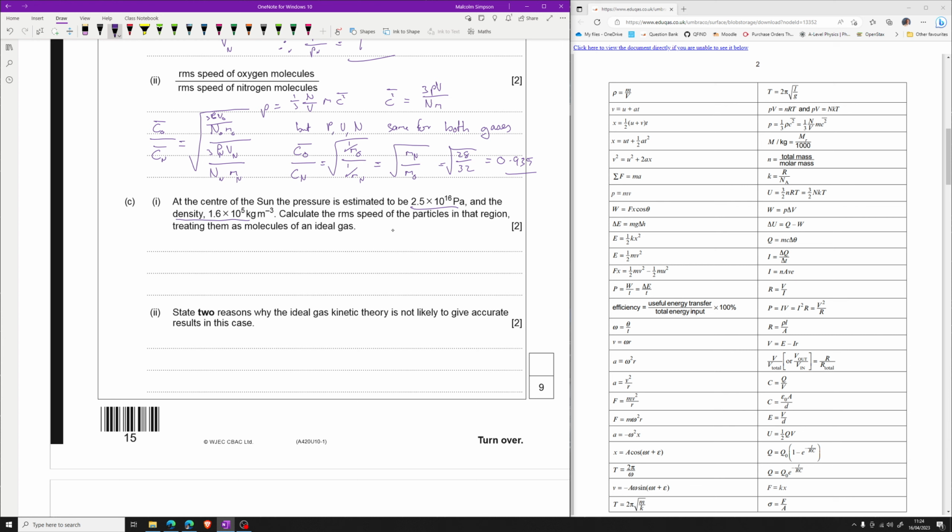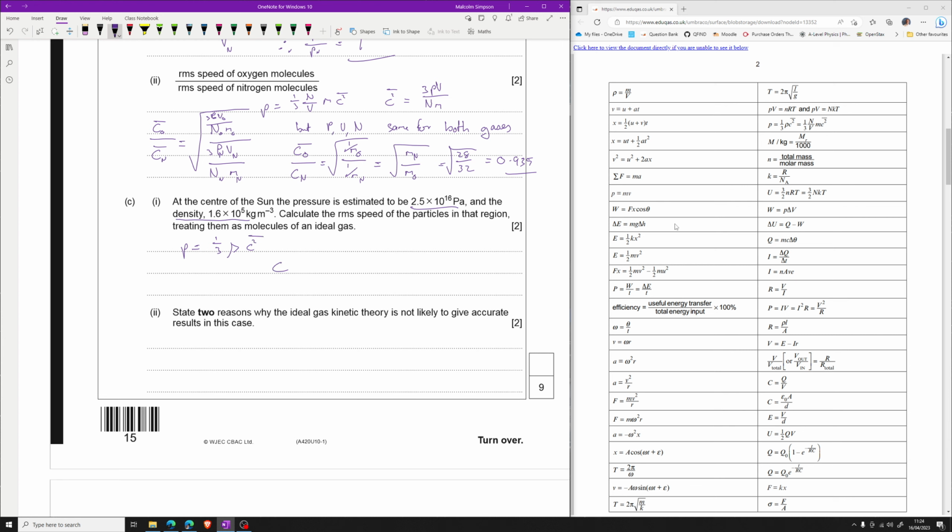Calculate the RMS speed. So again, it's always worth checking, because there will be a long way to this, and often there's a short way to it if you're using the most appropriate form of gas law. So the equation that I would use this time would be pressure equals 1/3 rho c bar squared, where rho is the density.